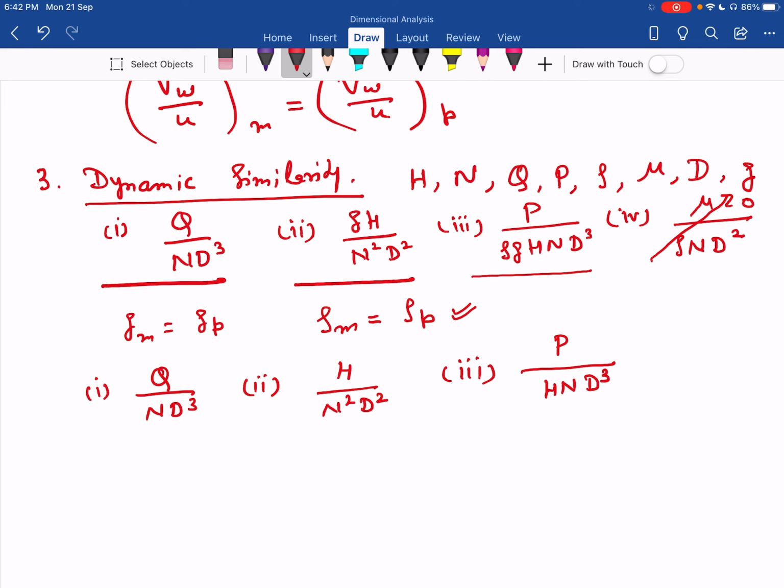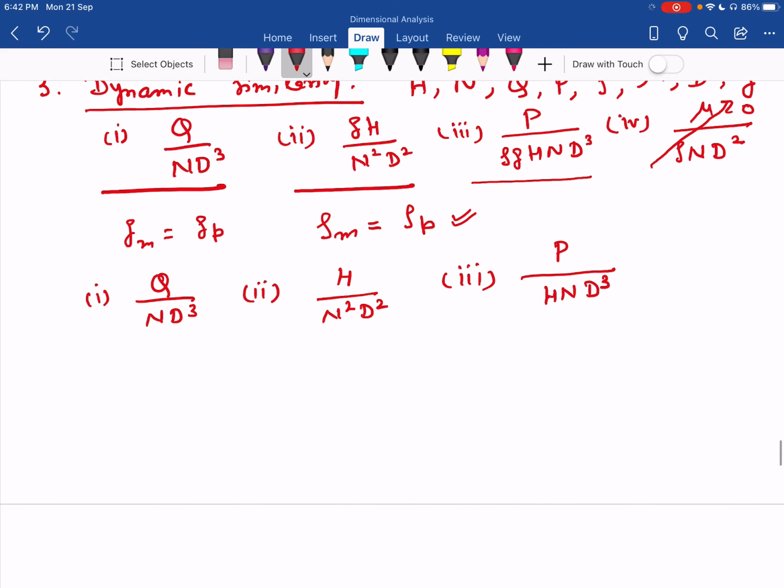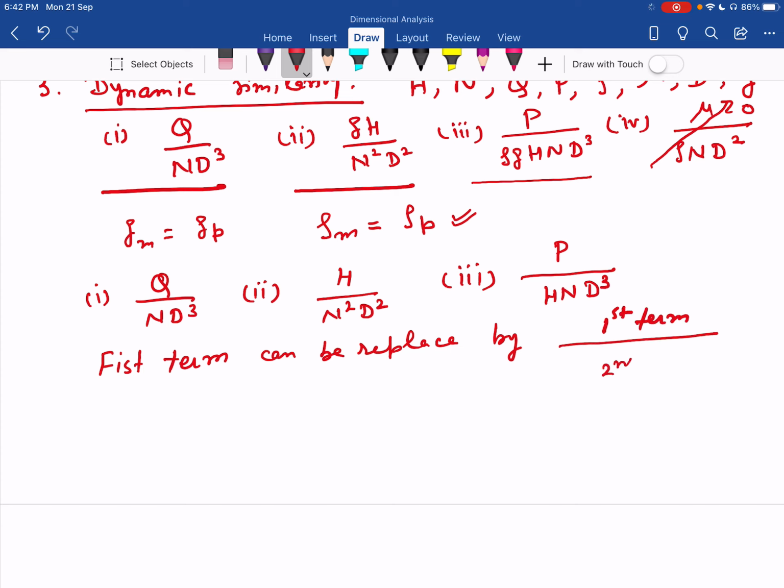Now further we use some alterations. The first term we can replace by the first term divided by under root of the second term. So we take the second term as it is.